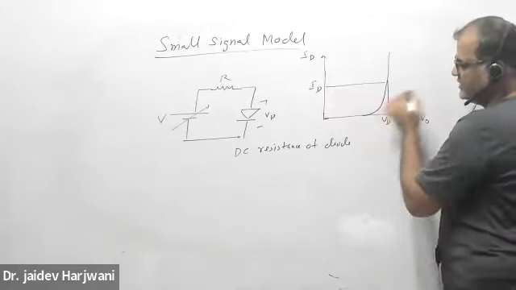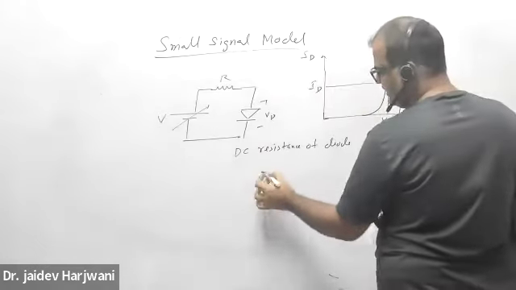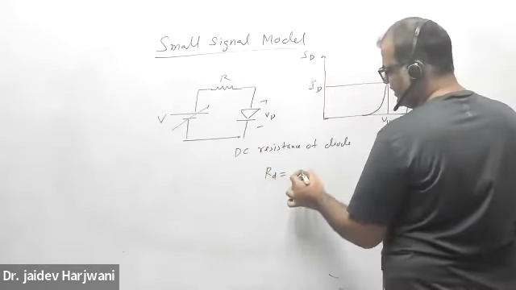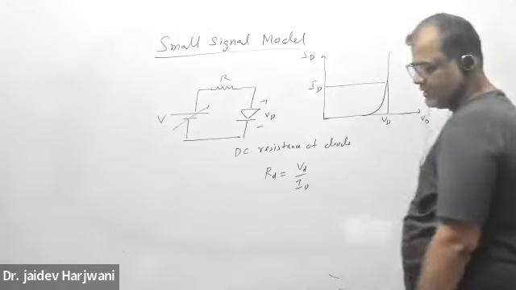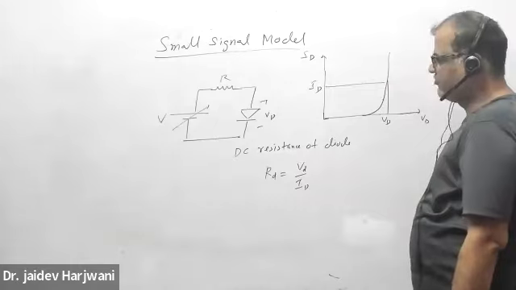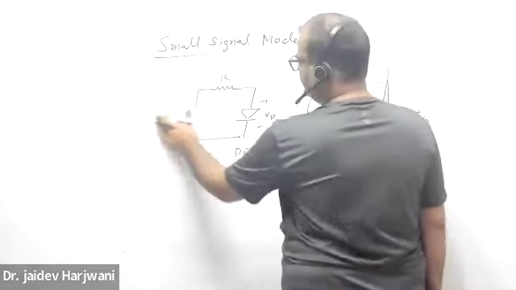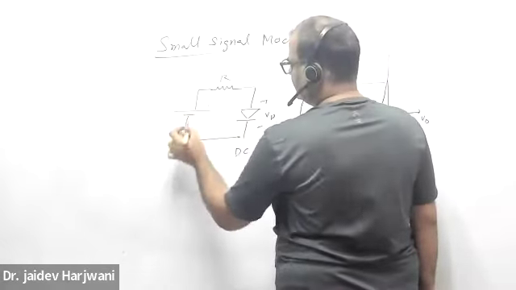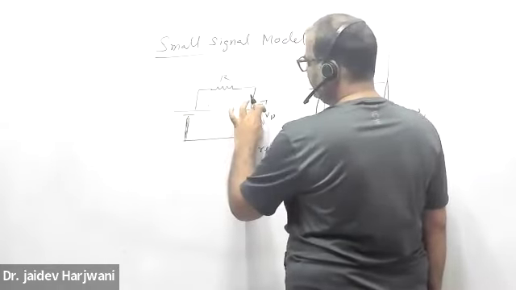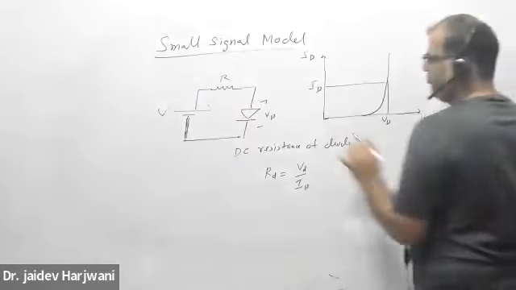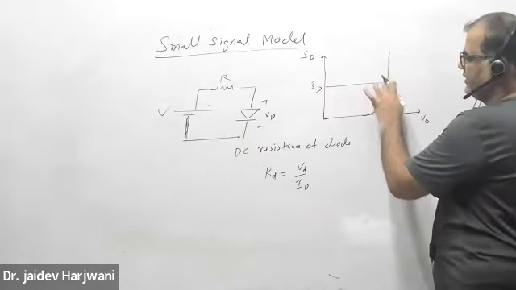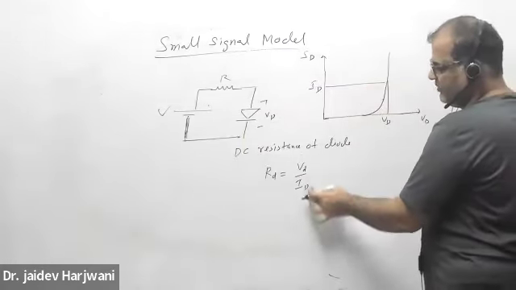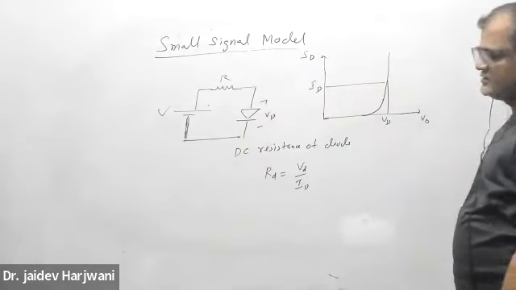So this is called DC resistance. DC resistance of the diode is defined as VD by ID. How much current is flowing? Suppose I apply a fixed voltage here, then we'll see how much voltage drop is here. We'll measure this voltage and correspondingly measure the current. The ratio will be your VD by ID. This is a DC resistance.